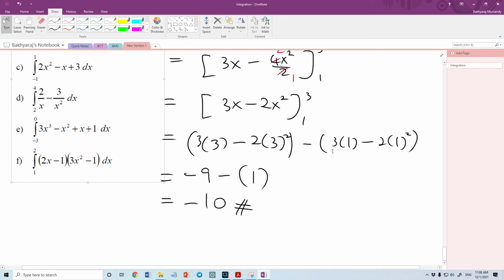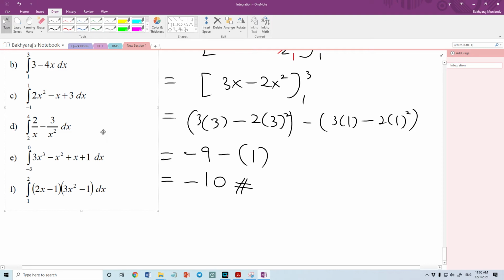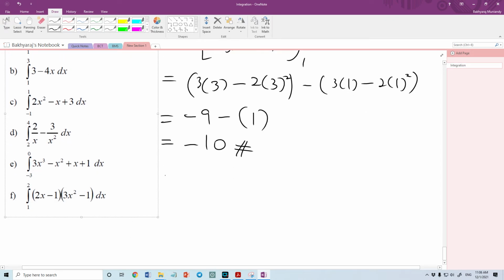Okay, so next we proceed with 1C. Integrate negative 1 to 1, 2x square minus x plus 3 dx.